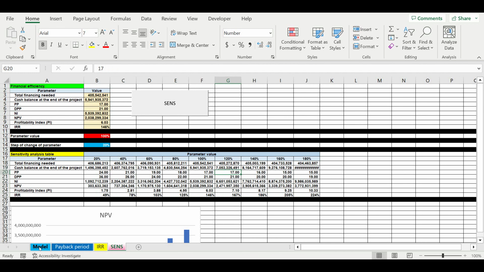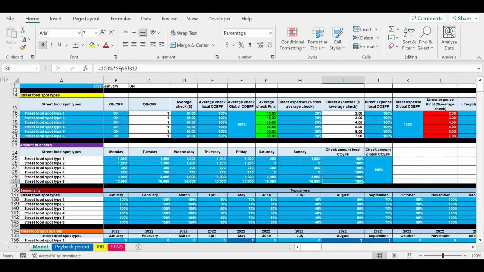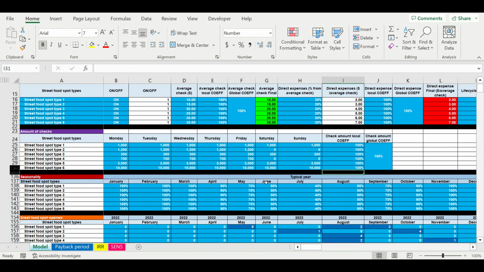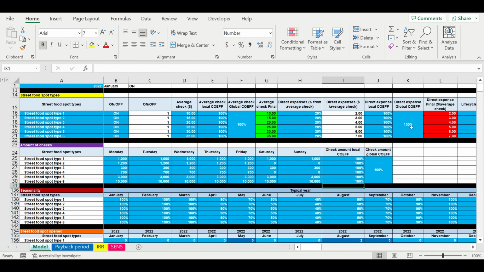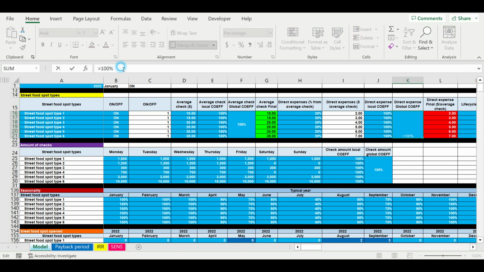Also, we can delete this parameter from expenses, from the amount of checks, and add this parameter to the direct expenses, for example. So direct expenses, and we can look at the general coefficient. We can add this parameter to the global coefficient of direct expenses in every check.